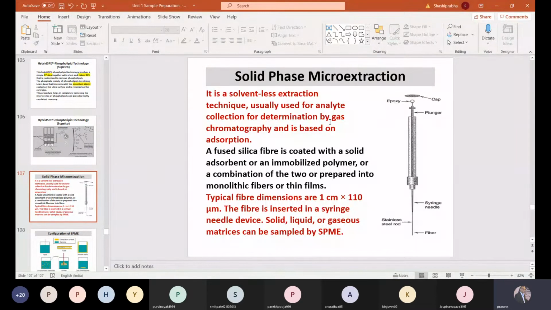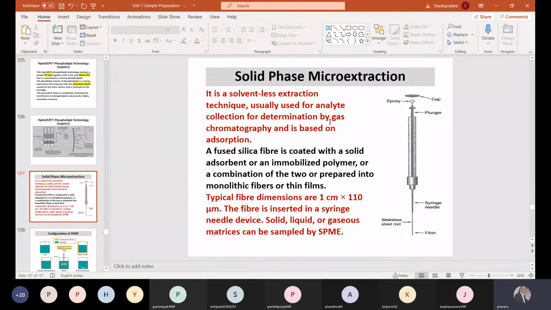Now, this is solid phase, correct? But instead of extraction, it is micro extraction. Now, the remaining two techniques, their main focus is on green approach. What is green approach in analytical science?